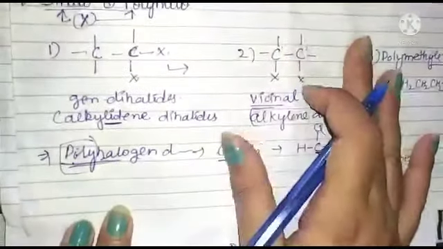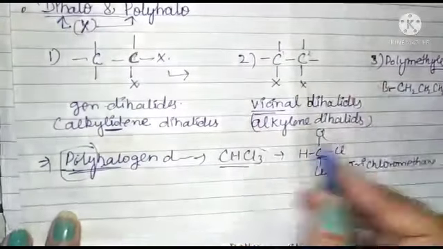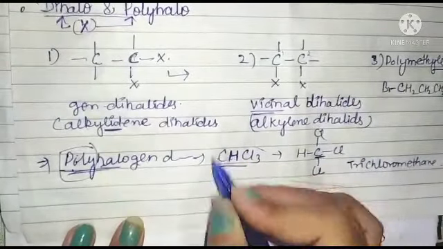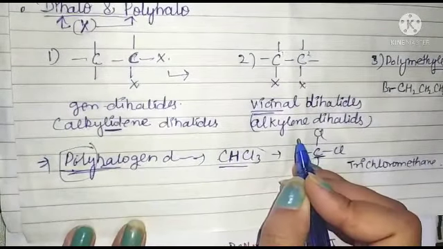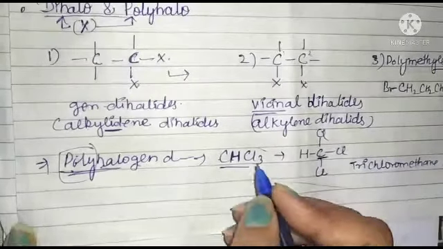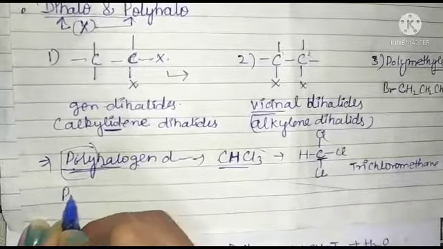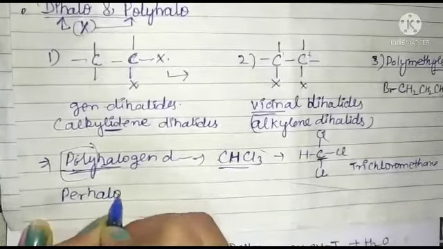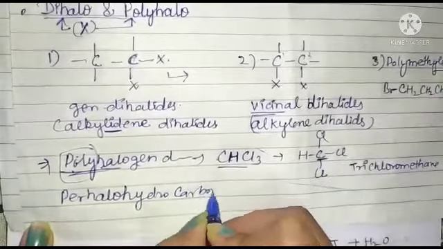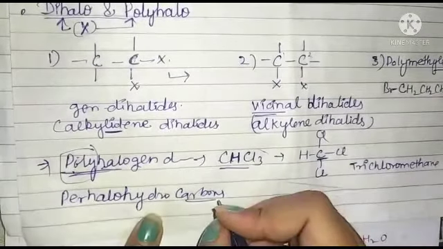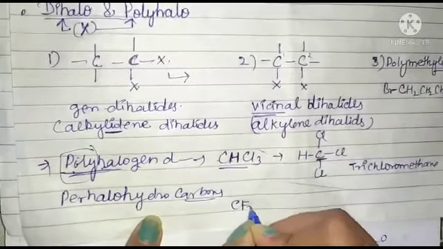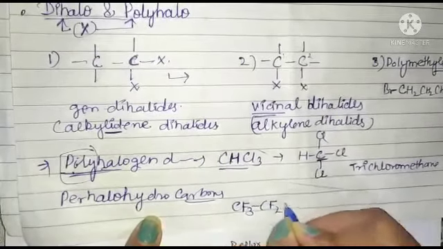Next, there is one more term we have. As you can see, here is 1 hydrogen atom present. If all the hydrogen atoms are replaced by, we can say, halogen atoms, what are they known as? They are known as perhalo hydrocarbons. Okay, now what are these perhalo hydrocarbons? Like if I'm taking the example CF3CF2CF3.